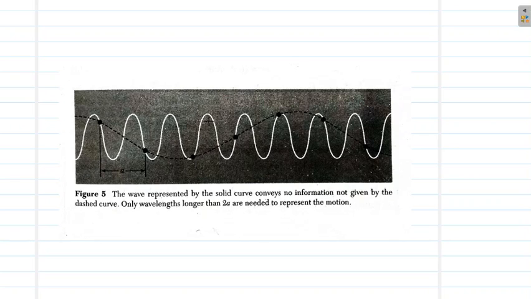Both the waves displace the atoms by the same amount and at the same frequency. But you can see that the dashed curve is enough to plot this arrangement of atoms. You need not have a higher frequency wave in order to plot the positions of these atoms. So only wavelengths that are longer than 2a, where a is the interatomic spacing, are needed to represent the motion of atoms while an elastic wave is propagating through a crystal. That is another concept that we have to look into.